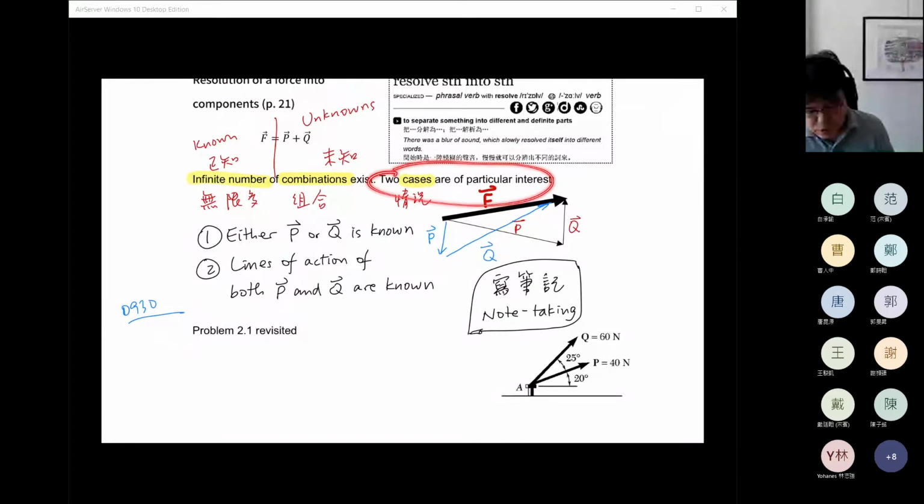Two cases are of particular interest. One is when either P or Q is known.